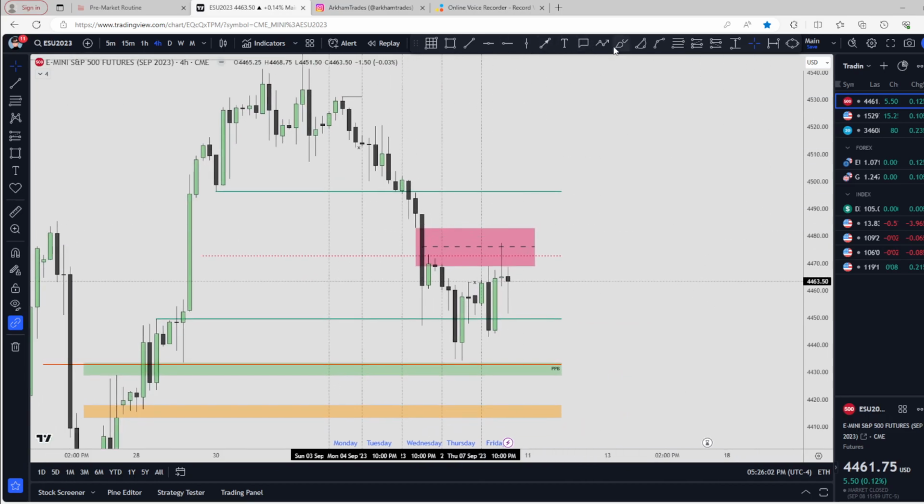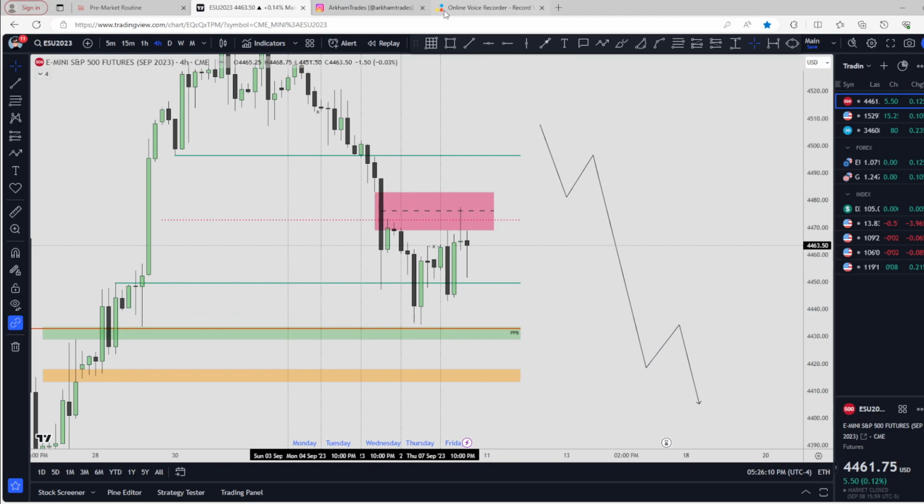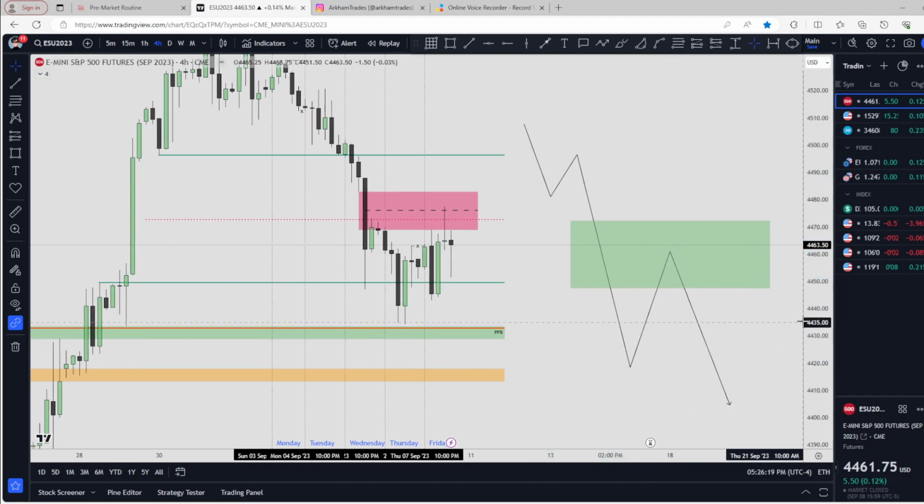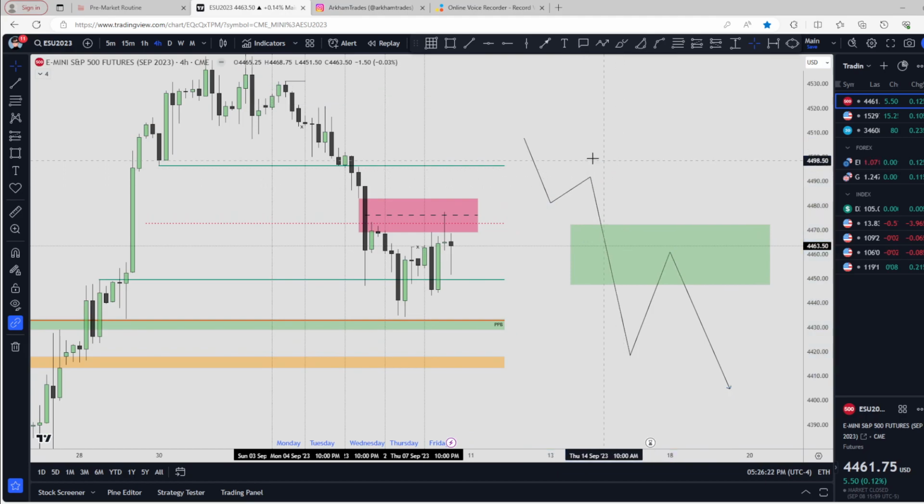Price is not just going to create a low like this and then just continue lower. It's not just going to leave this area open. This is inefficient. It has to come back up here like this and then come down. This is how you get your classical market structure, lower lows and lower highs.